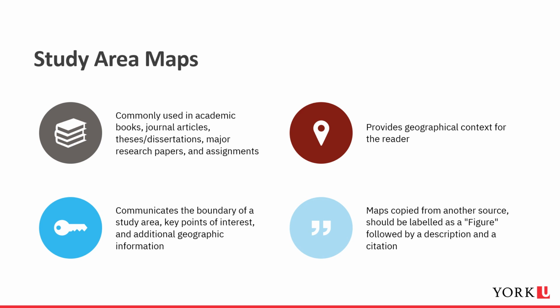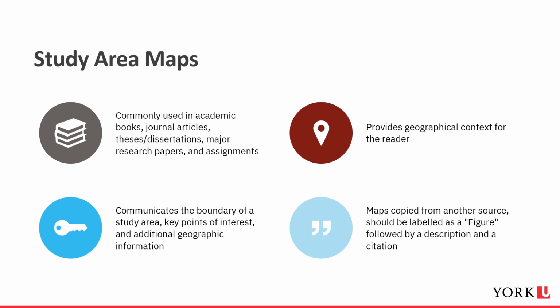A study area map is commonly used in articles, academic books, reports, theses and dissertations, major research papers, and other scholarly publications. It's an important visual element for providing geographical context for the reader, given that whoever is reading the document may not be familiar with the region.